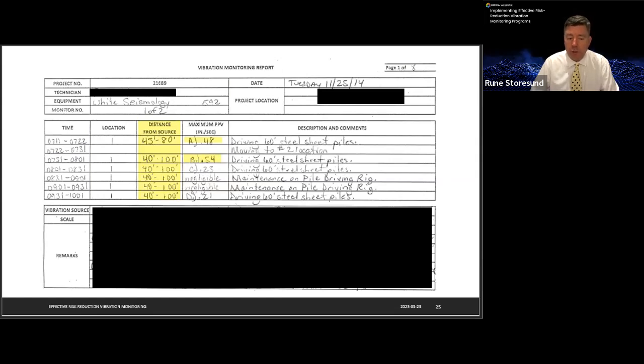So we can see that there are 2 events that are fairly large. Event A is 0.48 inches per second, and event B is 0.54 inches per second. These are PPV values that were recorded at the device. That means that the PPV magnitude at the source was much larger, but the magnitude of this source vibration was not determined on this sheet.